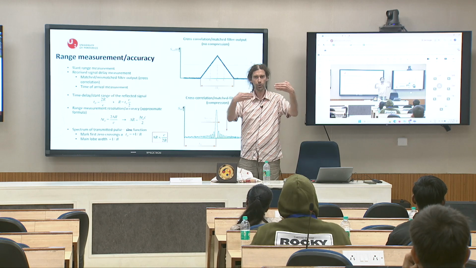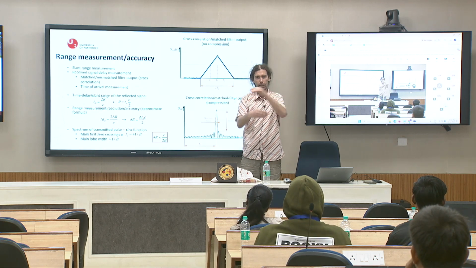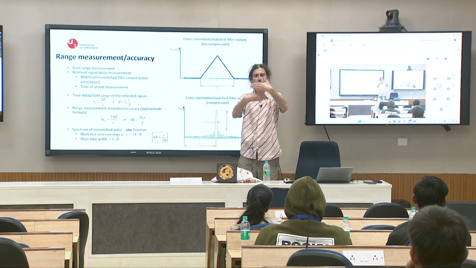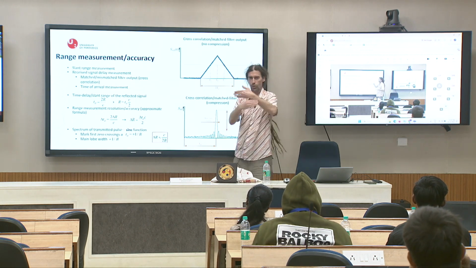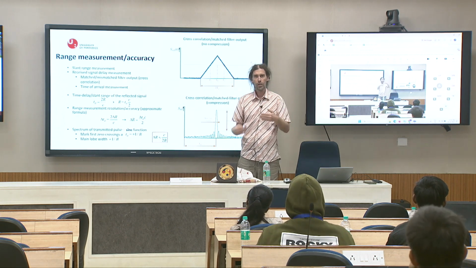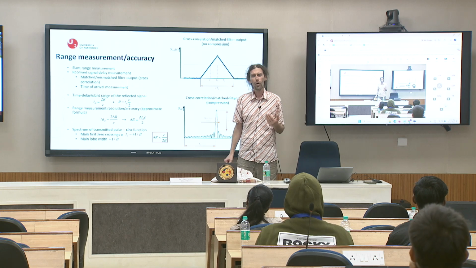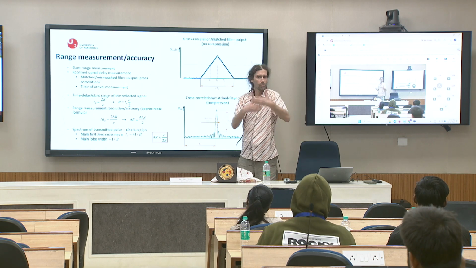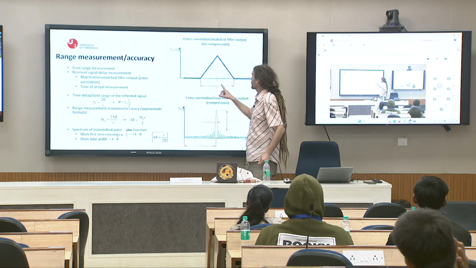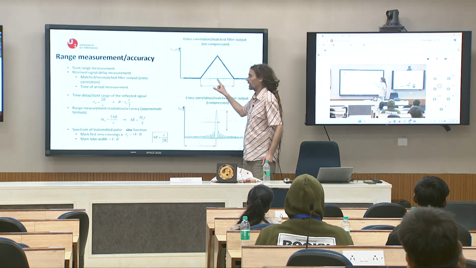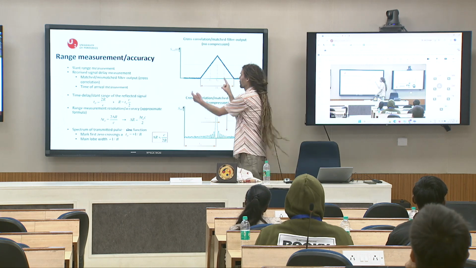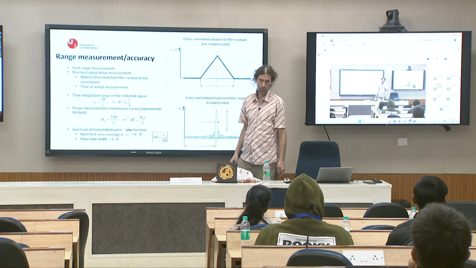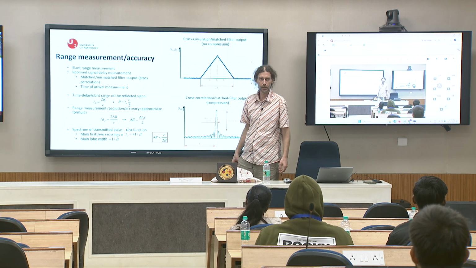Is it clear? Because you start moving and it increases. When it overlaps fully, it is the maximum and then just disappears. So cross correlation tells me what is the mutual area, and my maximum is at some specific time, and it is my time delay that I need to find.